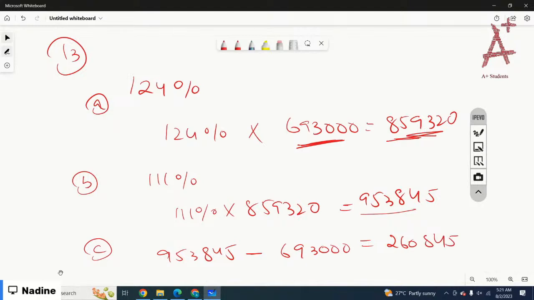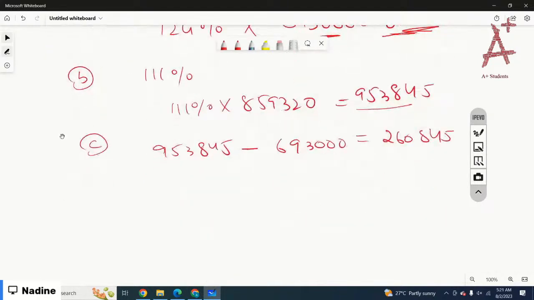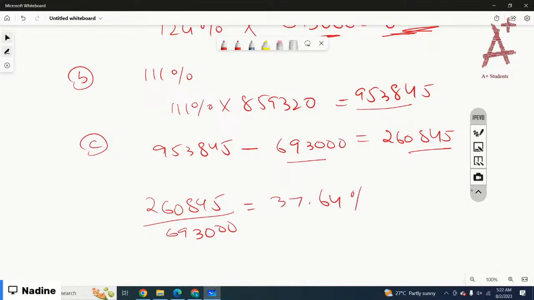Just calculate the increase in percentage. So you have to divide this by the original value. Got it? That is 260,845 by the original population. This would be 37.64%. That means the population increased by 37%, right?